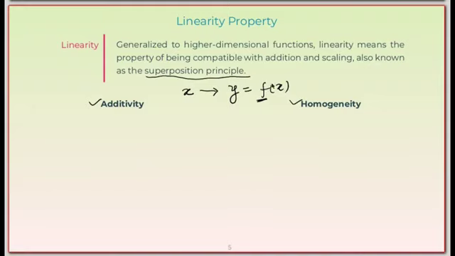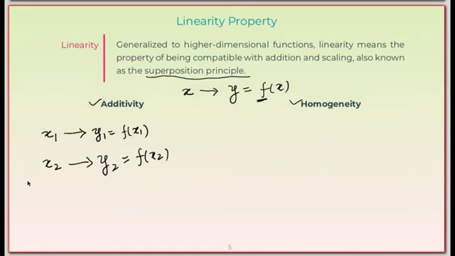For example, if we have two inputs, x1 and x2, then for x1 your output is going to be y1, and y1 will be equal to f of x1. For x2 our output is going to be y2, and y2 will be equal to f of x2.